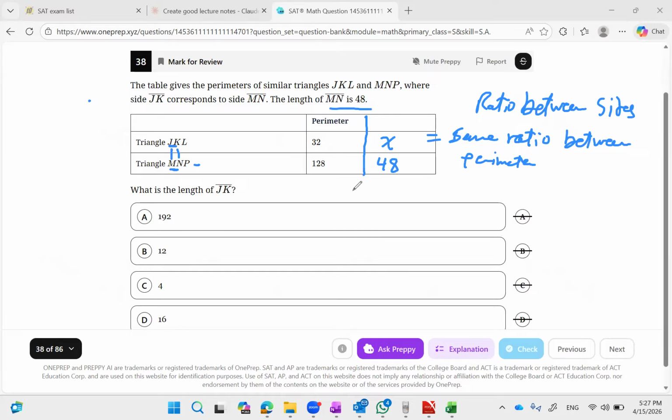So if I'm looking for the value of X here, I'm going to multiply 48 by 32 and divide the answer by 128, which is 12. Again, to figure out the value of X, I multiply 48 by 32, which is the cross product, and divide the answer by 128.